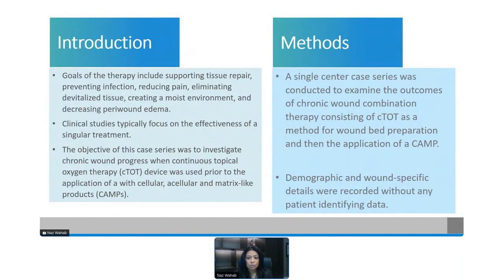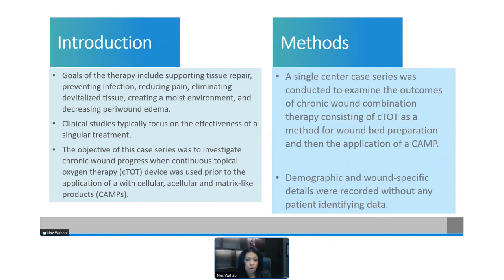Some of the goals of our therapy really are to support tissue repair, prevent infection, reduce pain, eliminate devitalized tissue, create a moist wound healing environment, and decrease peri-wound edema. What we did was a single center case series looking at the effectiveness of a combination of therapies.